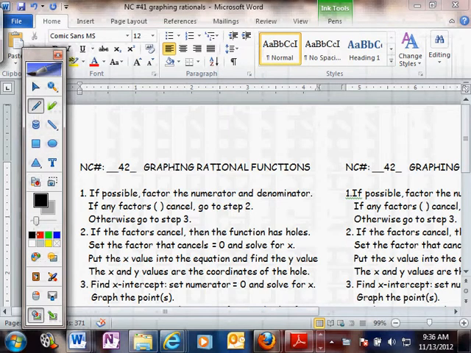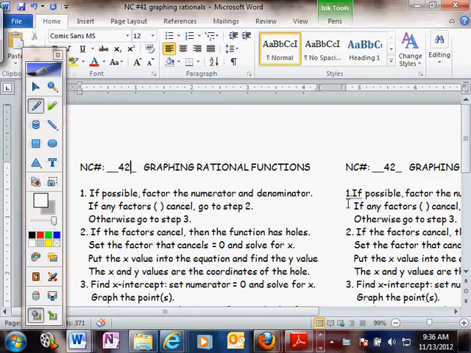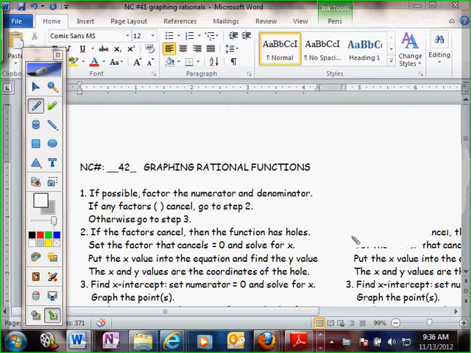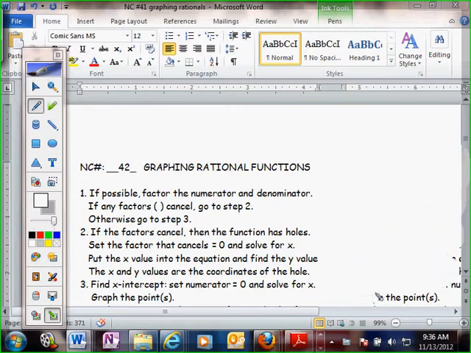Let me create myself some space and let's work an example as we're reading through this. Now, I'm not going to be able to click off of the screen to scroll down with my note card like you can.